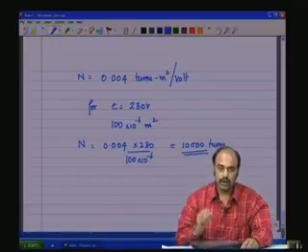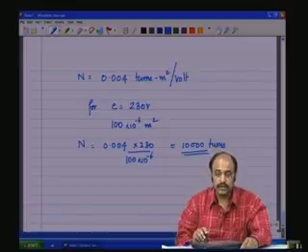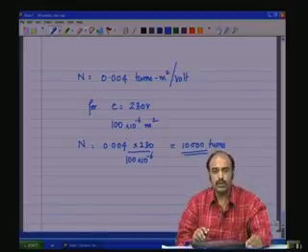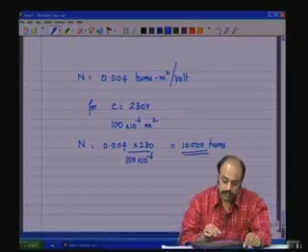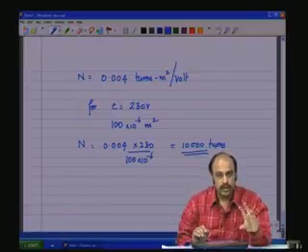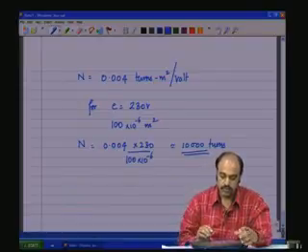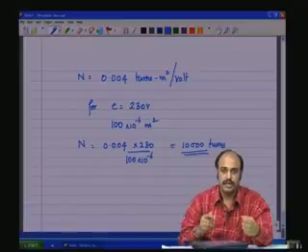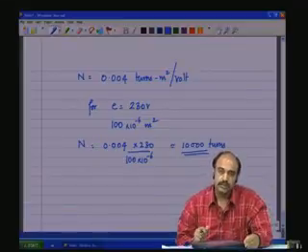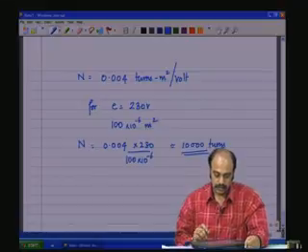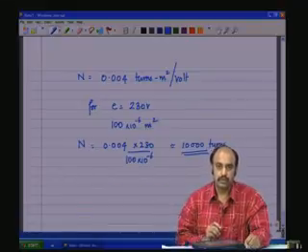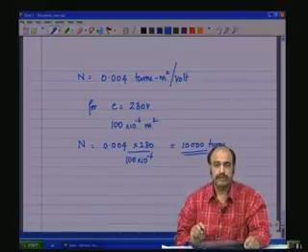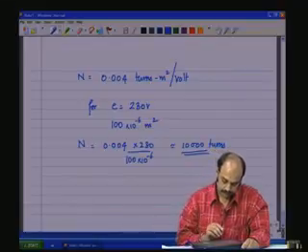So, for a core of this size, 100 into 10 to the power of minus 6 meter square cross section area, if you want to apply 230 volts, you will have to put approximately 10,000 turns so that it can withstand that voltage and deliver the power from the primary to the secondary.